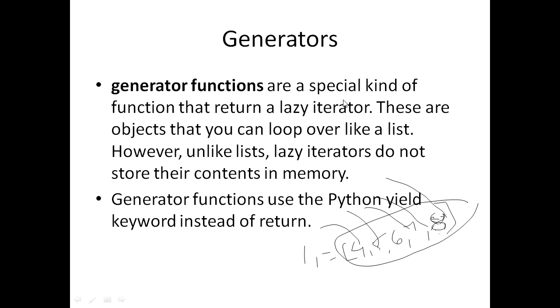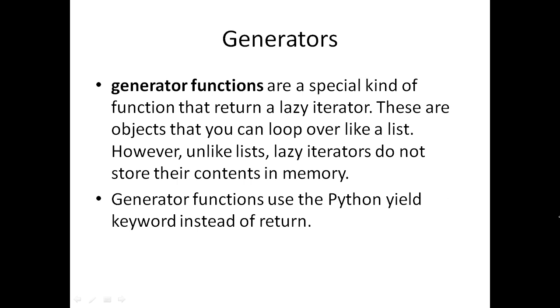So yield is the keyword here. Instead of return, it contains yield. Generally, a function returns something with the help of the return statement, but a generator will return the value with the help of the yield keyword. So we go with a small example.